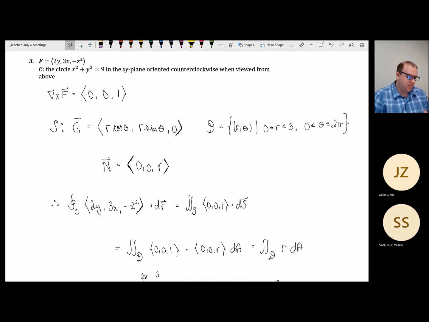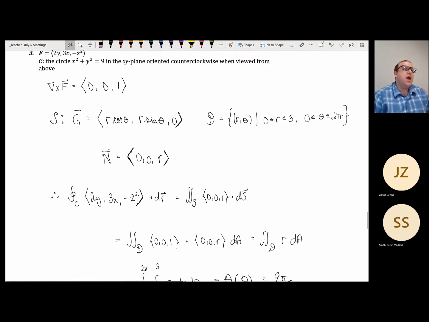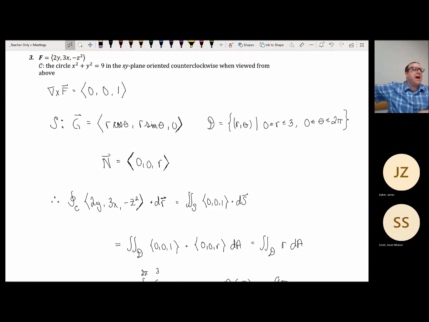We wouldn't put the r because we're evaluating the curl across the parameterization, so there would be no x, y, z's at all. I'd be replacing x with r cosine theta, y with r sine theta, and z with 0.